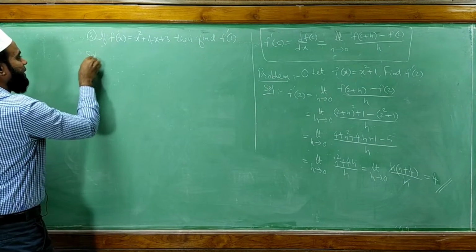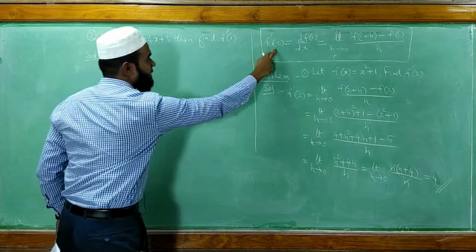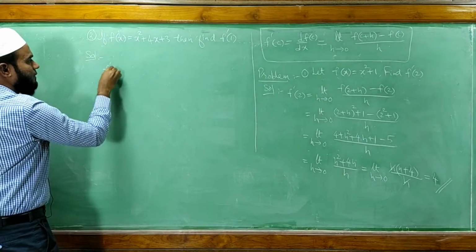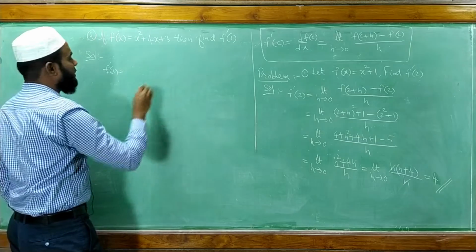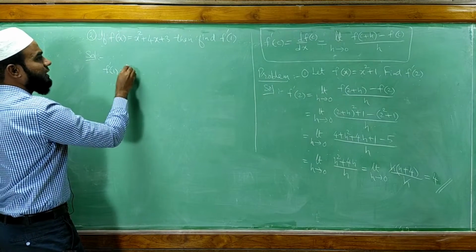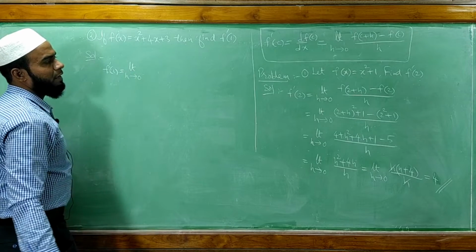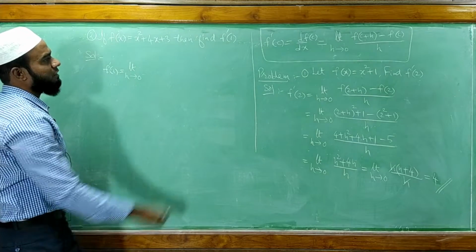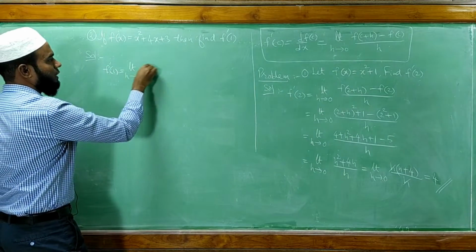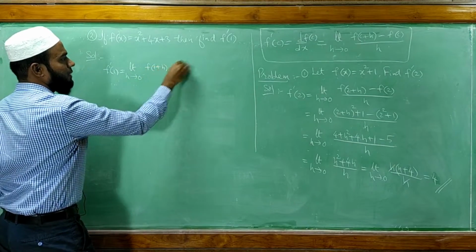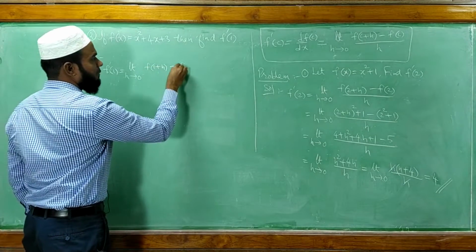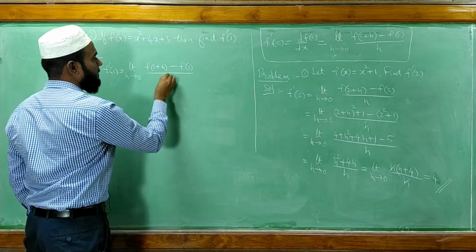So we'll use the definition again. By using this definition, f dash of 1 is nothing but limit h goes to 0, f of c plus h, means f of 1 plus h, minus f of c, that is f of 1, divided by h.